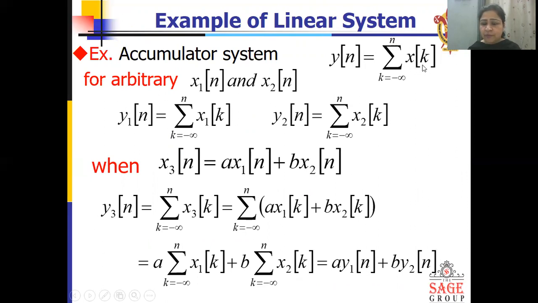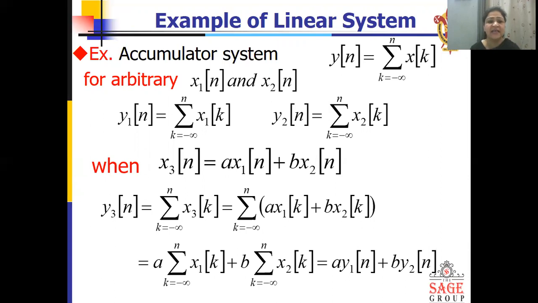That means it should be written as x[-∞] plus ... plus x[-2] plus x[-1] plus x[0] plus x[1] and till x[n]. Now, I'll have to prove whether an accumulator system is a linear system or not. Now, say if I have two inputs x1[n] and x2[n] and it generates output y1[n] and y2[n].